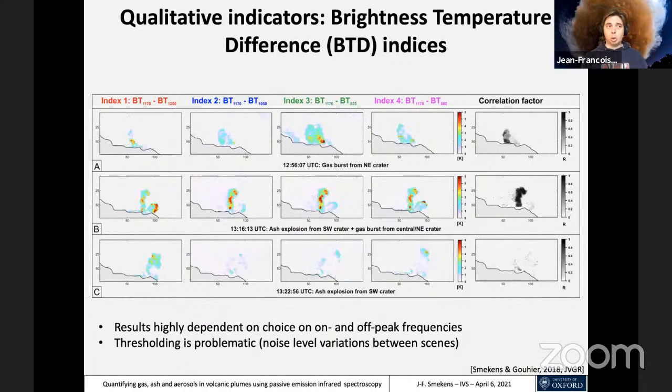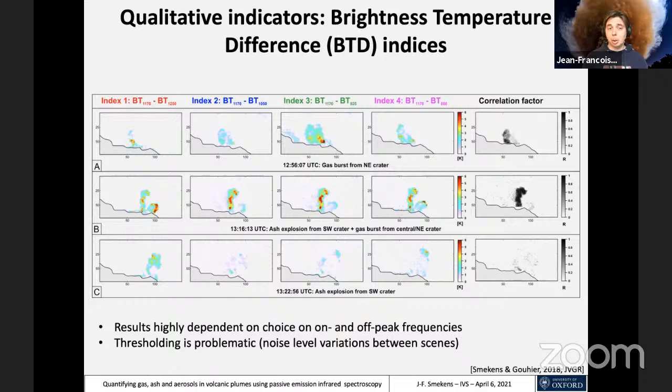And those also provide a relative measure of the strength of the signal. So this might be a measure of the concentration of the target species, in this case, SO2. What we can see is for those 3 events that I looked at before, the A, B, and C event, you can see these indices where we vary the off-peak frequency, and they can produce very widely different results.